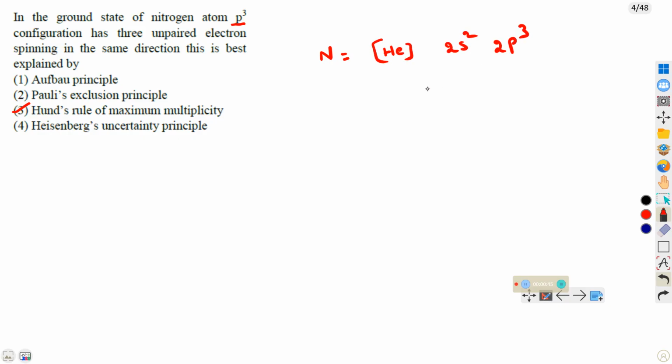According to Hund's rule, pairing of electrons takes place only after all the degenerate orbitals are filled with one electron. If it follows Hund's rule, then only 3 unpaired electrons are possible. So based on that, the third option is correct.